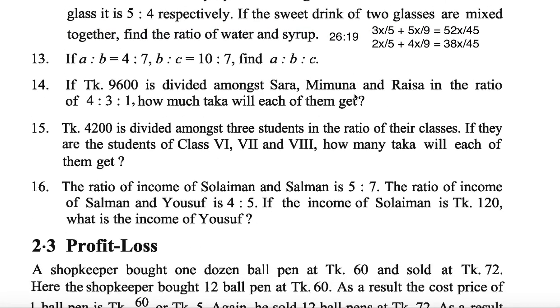Okay. If A is to B is this, B is to C is this, find A is to B is to C. For that to happen, what do you need to do?